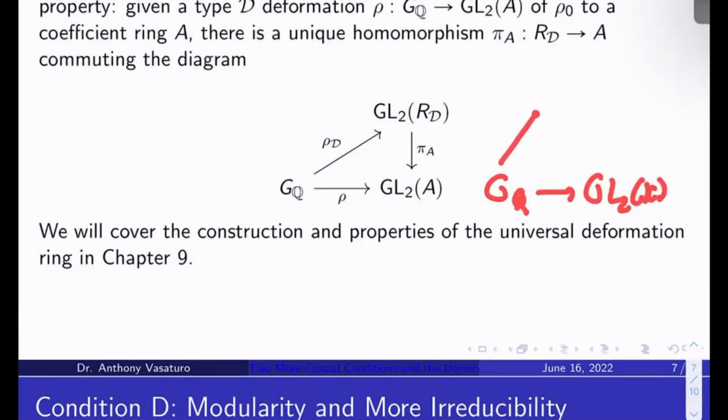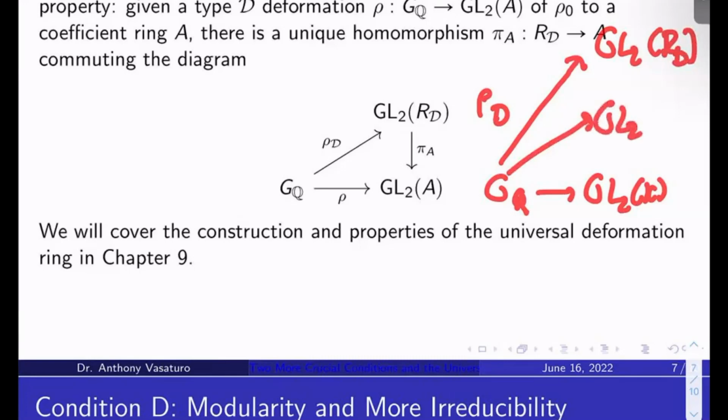Then you've got this huge, let's think of it as a really big deformation, ρ_D, sitting up top to GL₂(R_D). And what we're saying is that any other type D deformation ρ will sit nicely in between these two deformations. By sits between, I mean these diagrams commute in a unique way.